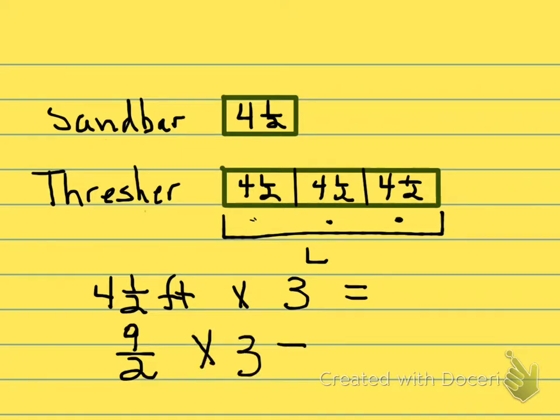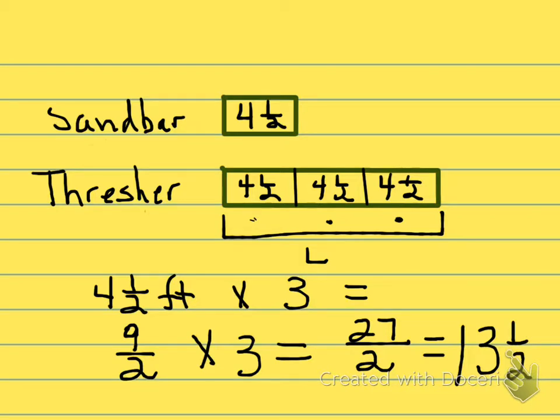9 times 3 is 27 halves. Once again, I have a fraction greater than 1 whole. So I have to figure out what 27 halves in feet really truly means. I'm going to divide my numerator by my denominator, and I'm going to rename 27 halves into a mixed number. 27 halves is the same as 13 and 1 half.